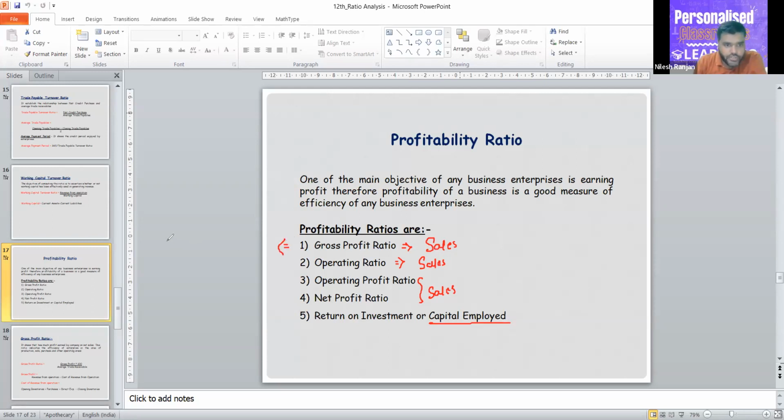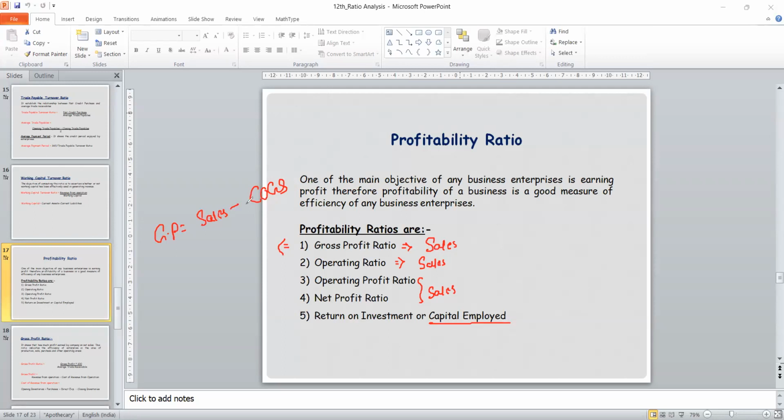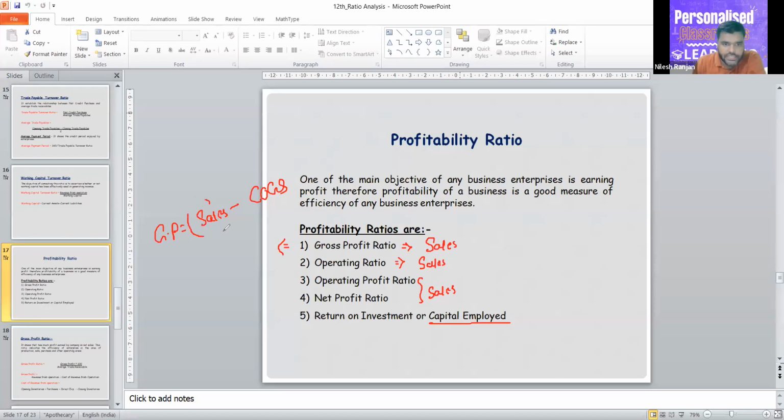Now, gross profit ratio formula, you know, is net sales minus COGS, cost of goods sold. Generally we compare our gross profit with sales, but sometimes we compare our gross profit also with COGS, which is expenses.